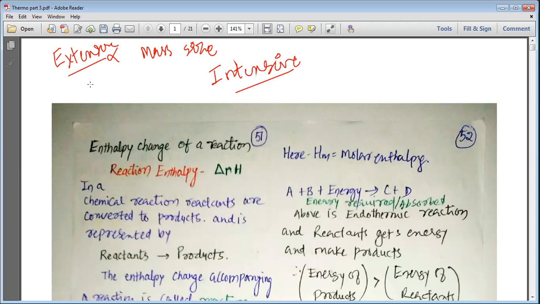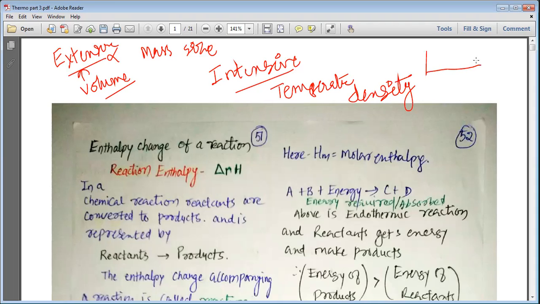So volume is an extensive property, whereas temperature or density are intensive properties.